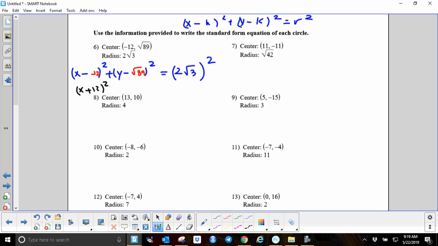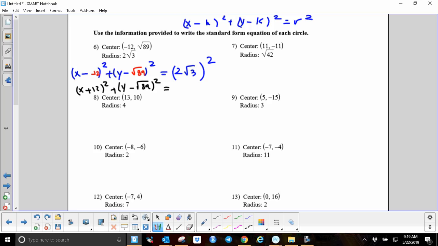Sometimes on the multiple choice, see the first line in blue as part of your short answers. They go, okay, x minus negative 12 is x. And sometimes they leave it. Most of the times they leave it as a radical. Sometimes they turn it to decimal. So I'm going to turn it so you would see it.